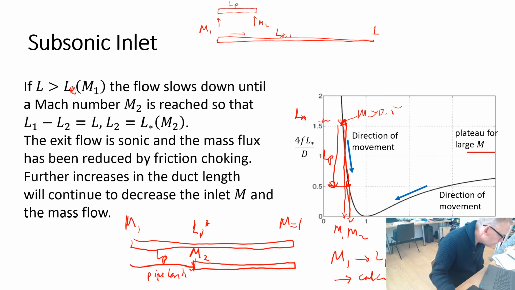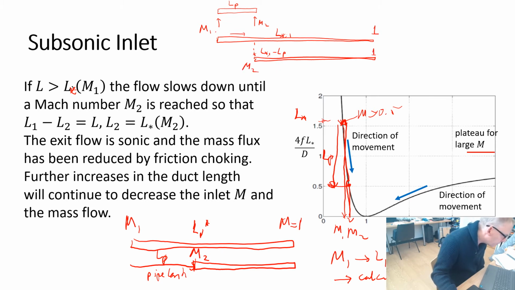Then we say, okay, so we know that distance. If we work backwards, if we know the distance L star 1 minus LP, what is the Mach number at that point? So that's how we do it.